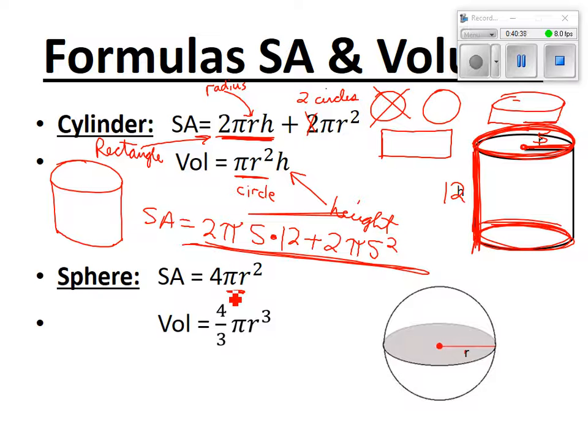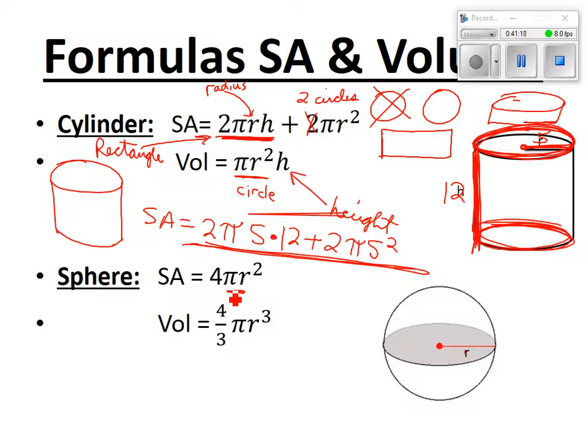So if I took a sphere, a baseball or a softball, and I cut it all up, this is telling us that it's going to make how many circles? Four of them. If you took the cover off a baseball or a softball and laid it all out flat, you'd have four perfect circles, all the same size. So the surface area for a sphere is 4 times pi times radius squared. How does it make four perfect circles? I don't know, go home and figure it out tonight. But that's what the formula tells us.